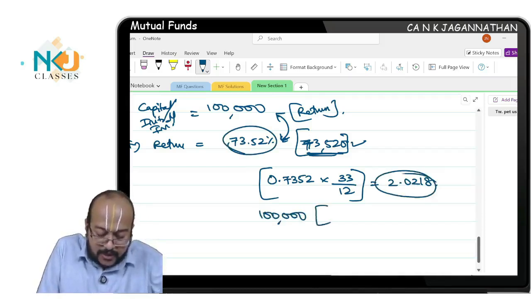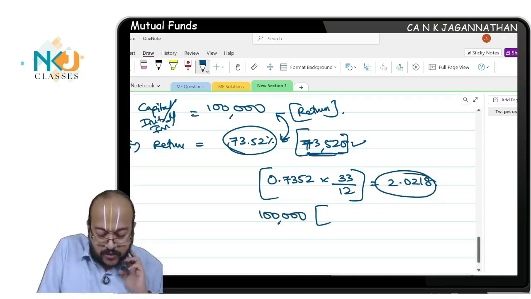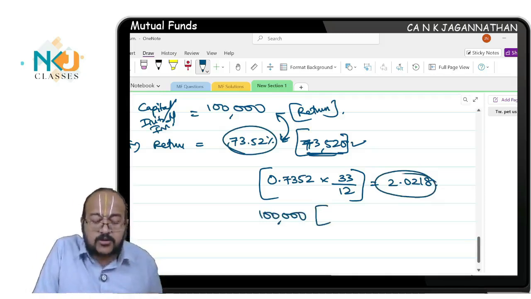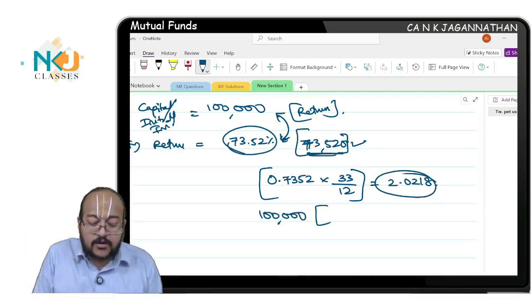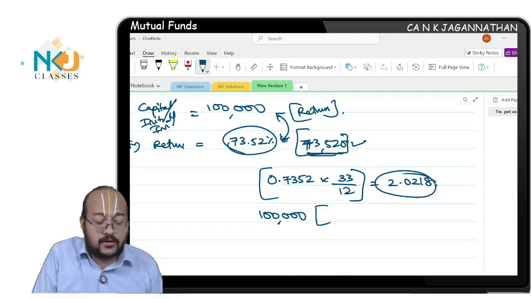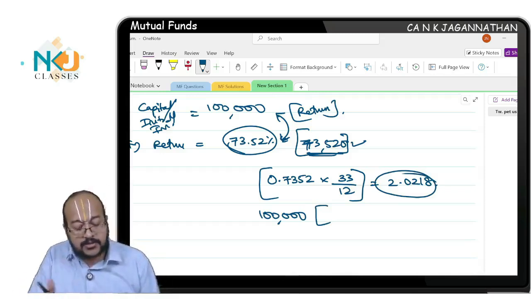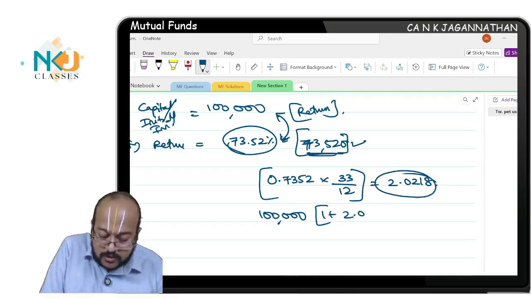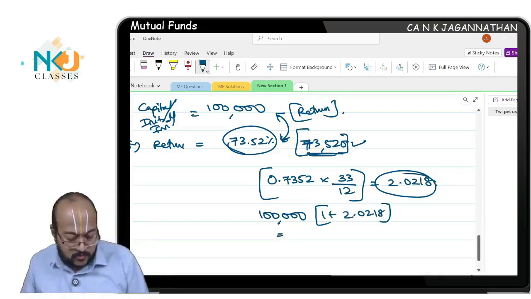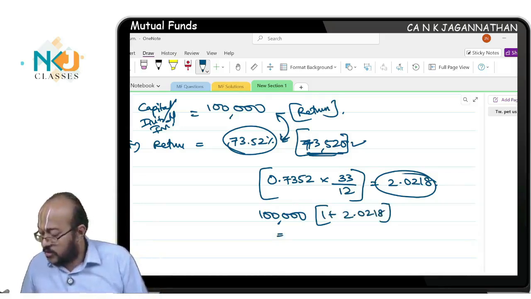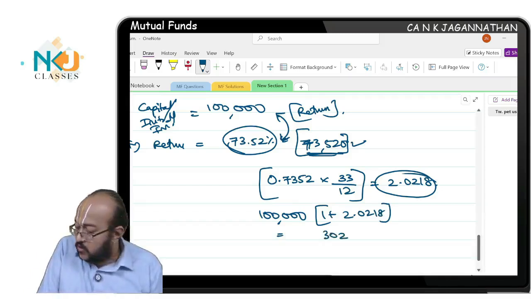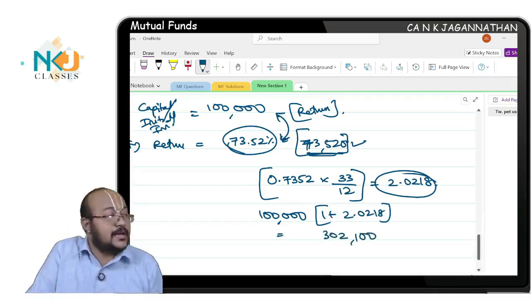If I add the return portion to 1 lakh, what will happen? 2.02, that is 202% is the return, which means for every 1 lakh I am getting 2,02,180 rupees as return. So 1 lakh is the capital, times 1 plus 2.0218. How much is that? 1 lakh into 3.0218. How much are you getting? 3,02,180. This will be the total asset value.